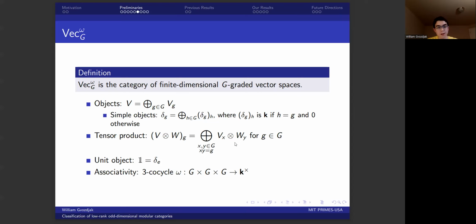Finally, we also have to define associativity. One interesting thing to note here is that in this category, associativity doesn't necessarily have to be the intuitive trivial associativity. The way we define associativity inside of this category is using a 3-cocycle, because that determines this.